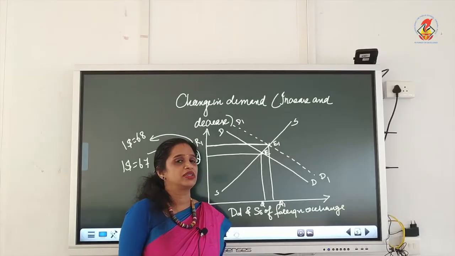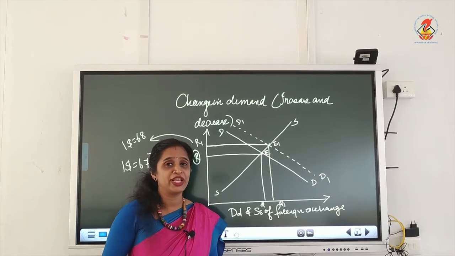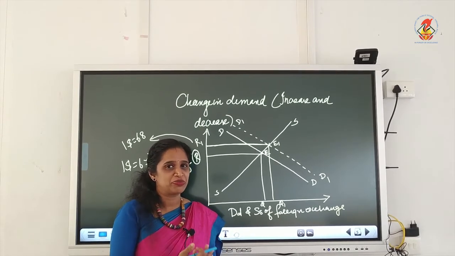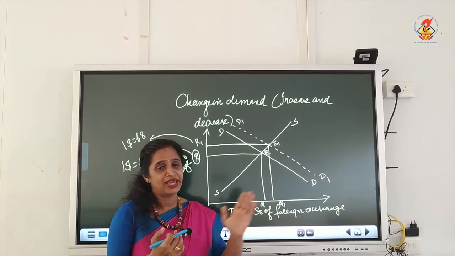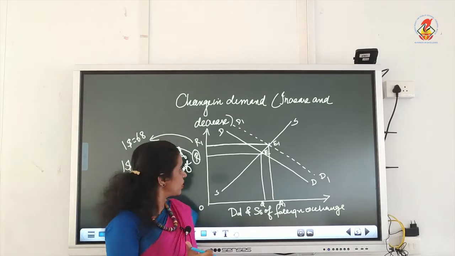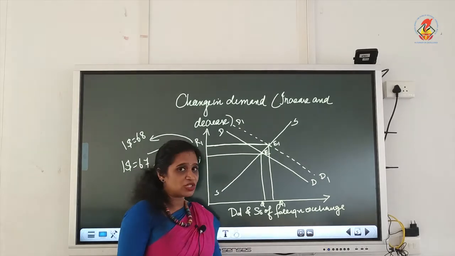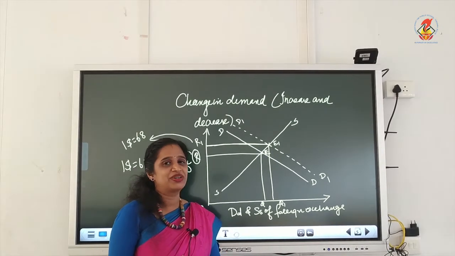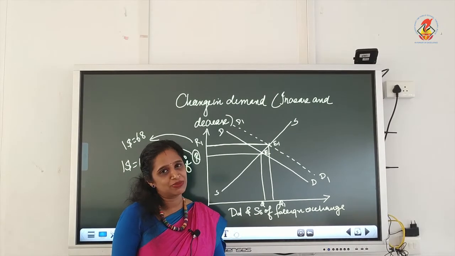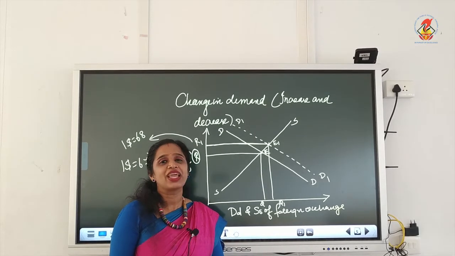What did you find here now? As we learned yesterday when I explained the managed floating, the same concept was explained, the same diagram was also drawn in the previous video. Now, see, when the rate of exchange is OR1, it means what? What is the value of the Indian currency in terms of dollar? $1 is equal to rupees 68.